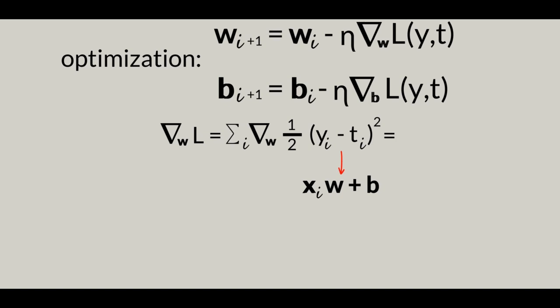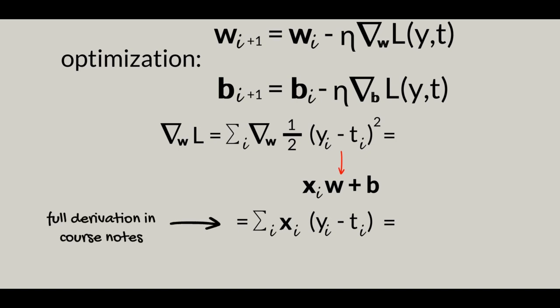So, let's plug that in the formula. Running the operations, we obtain the sum of xi times yi minus ti. Please take a more detailed look in the course notes.